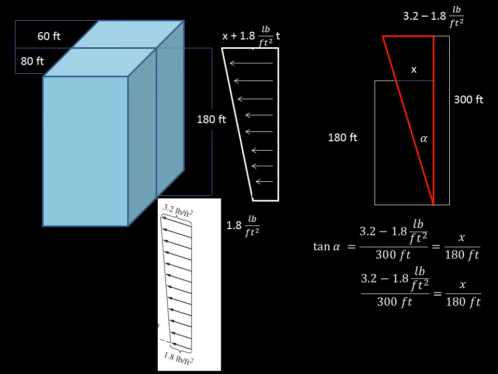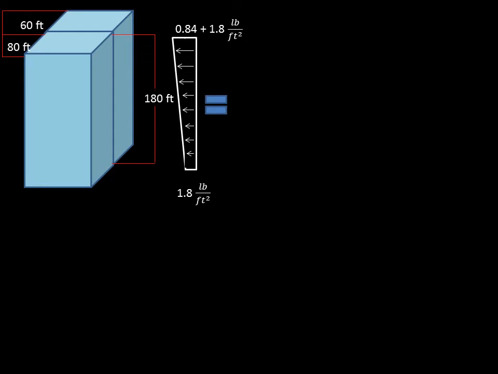Doing so, we get the unknown as 0.84 pound per foot squared. Now, we already know all of the values in the distributed load. We can now replace the distributed load with a concentrated force.